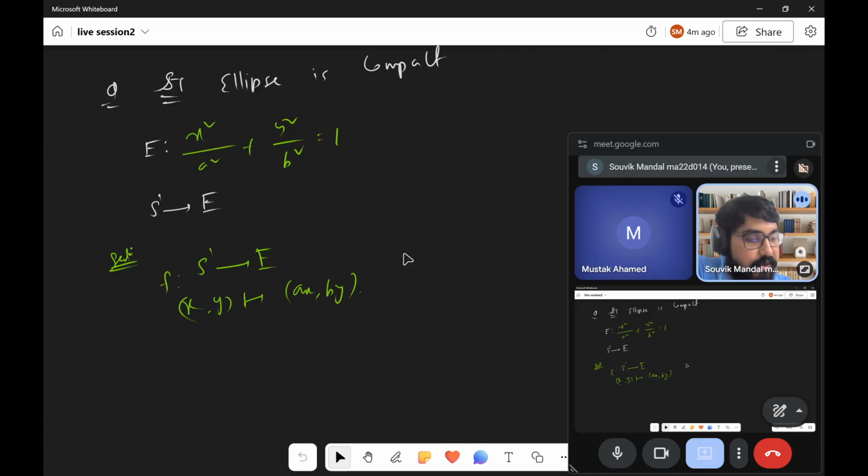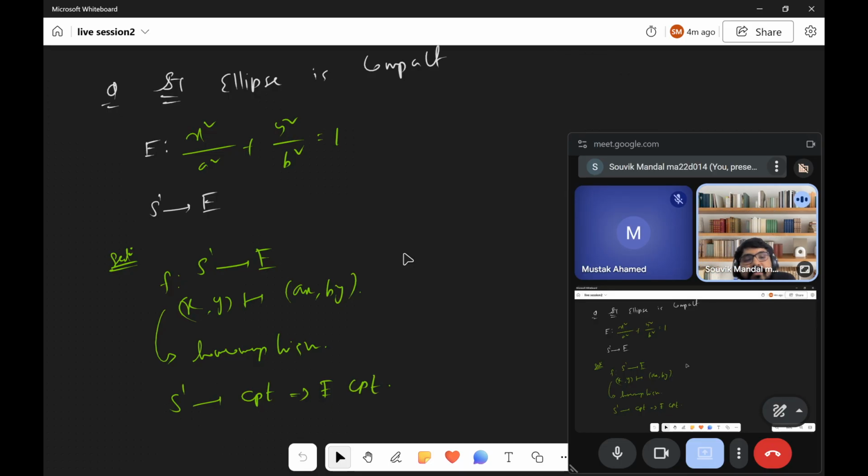If this map is a homeomorphism, and the circle is compact, this implies the ellipse is also compact. Basically, this map x, y going to ax, by is a map that stretches the coordinates, correct? So that's the compactness argument, there is nothing much to explain.